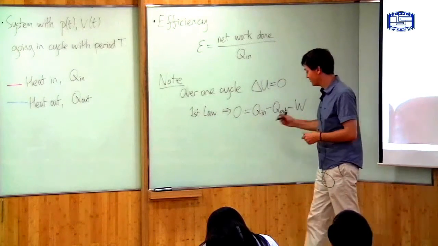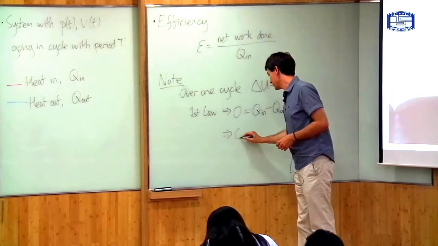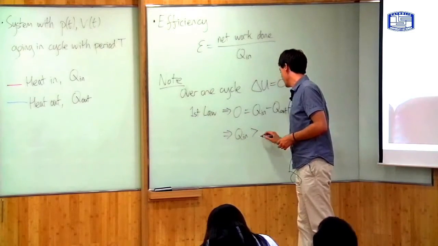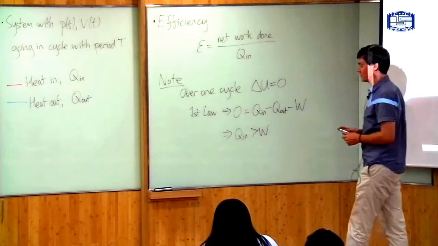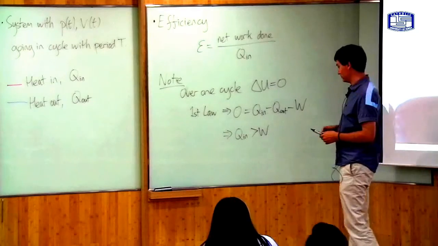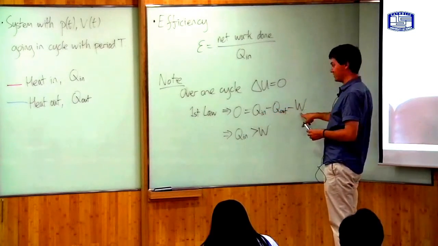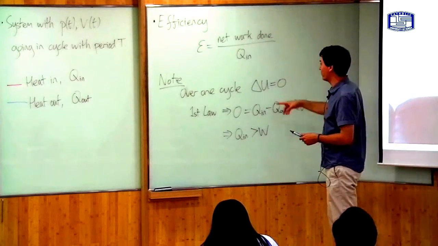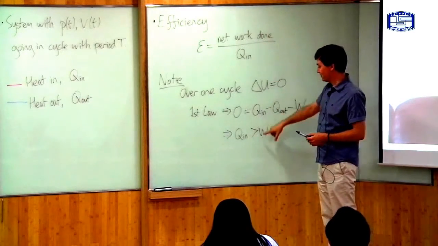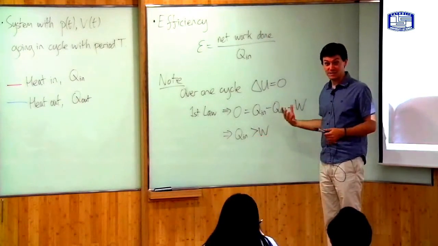So that means that Q in must always be greater than W, because this is positive. So if this equals 0, then this must be greater than that. And therefore, the efficiency, which is this divided by that, must be less than 1.